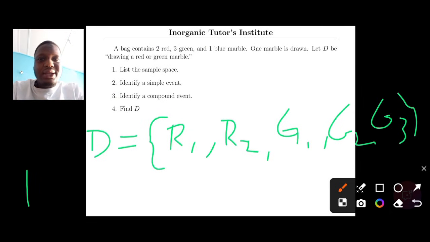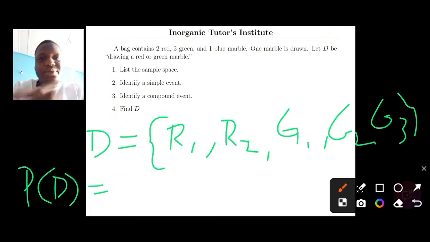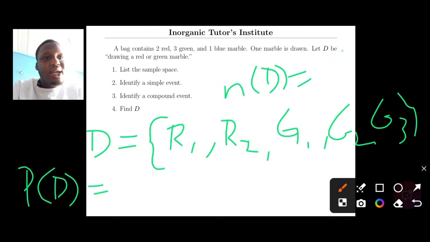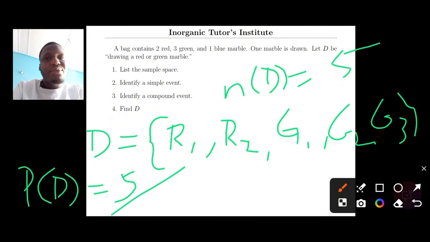If I'm to add something small, if we add the probability of D, it will be the number of outcomes in D, which we can clearly see is 5, over the number of sample space, which is 6.